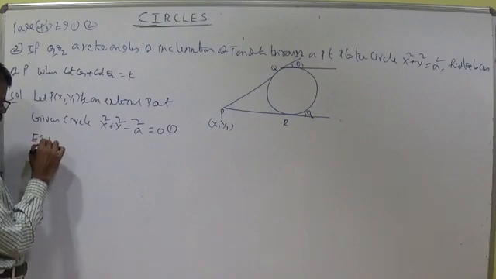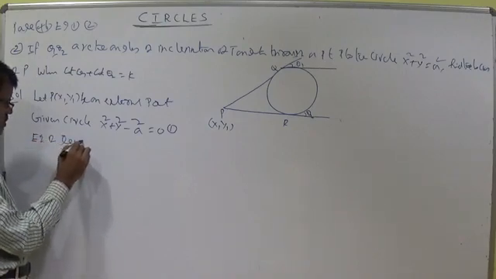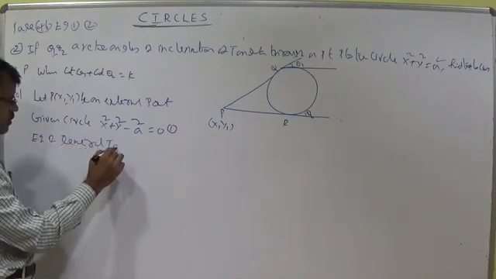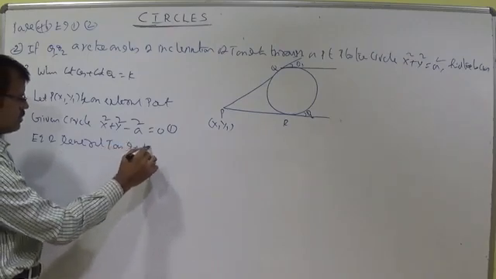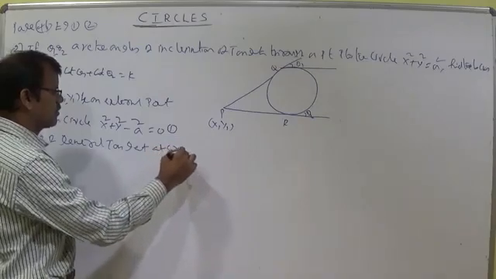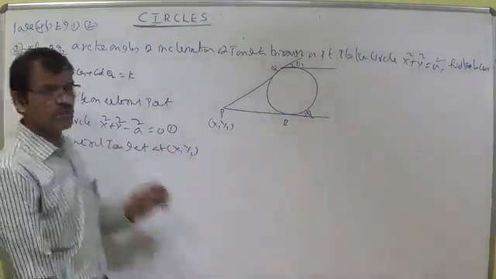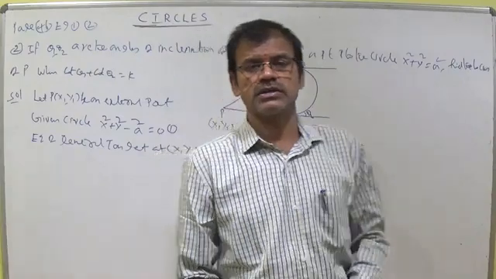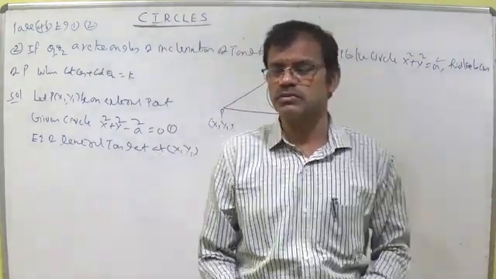You can write the equation of the general tangent, or the equation of a tangent having slope m, as y is equal to mx plus or minus a root of 1 plus m square.